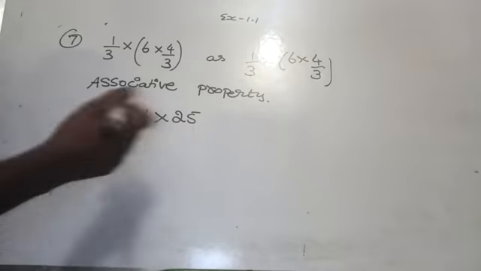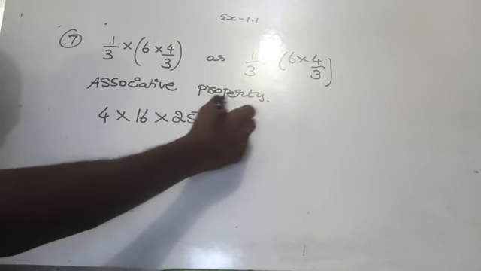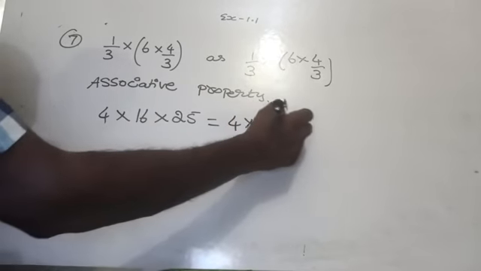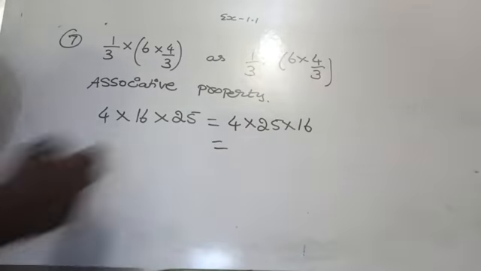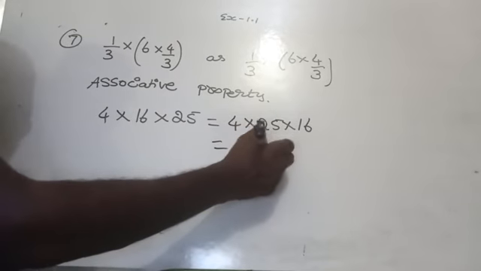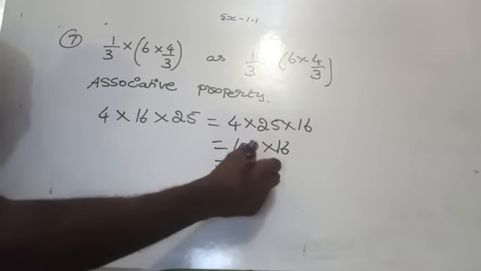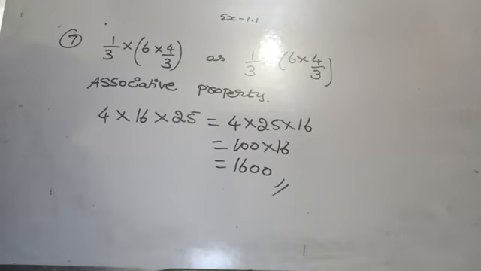But when you change the order to 4 into 25 into 16, 4 into 25 is 100, and 100 into 16 is 1600. So when performing the multiplication of any numbers, the order does not matter.